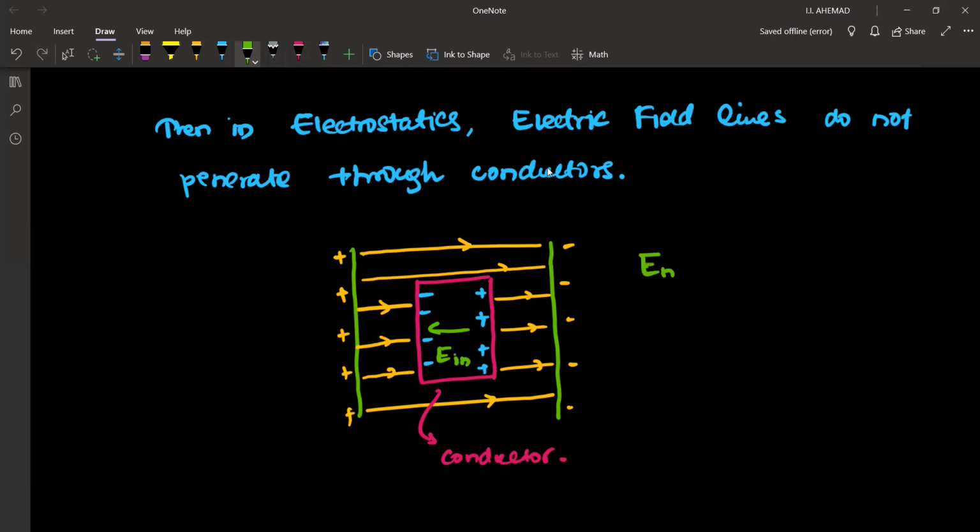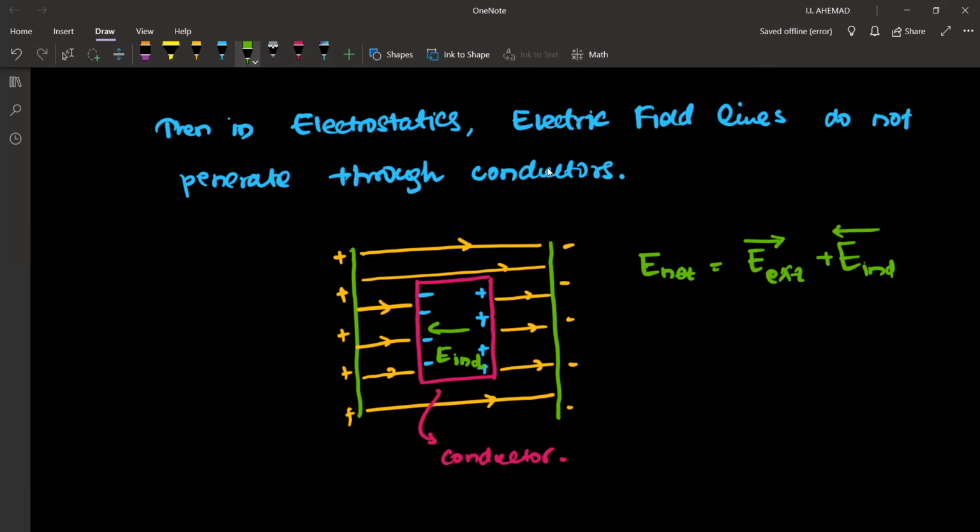Because it is placed in this electric field, there will be an external electric field, E external, towards our right, plus inside we also have a newly induced electric field, E induced, towards the left.